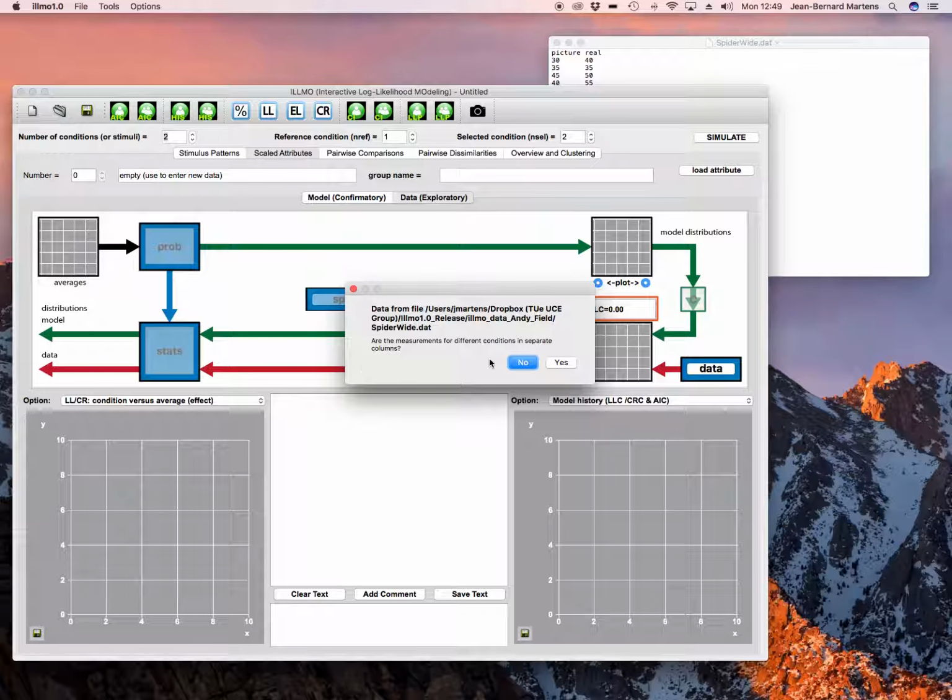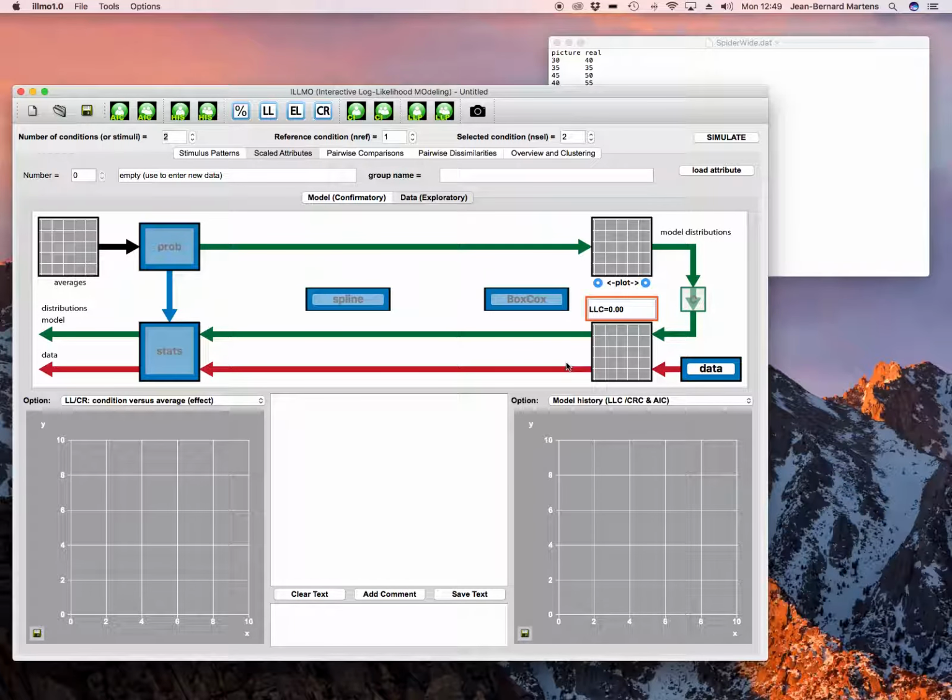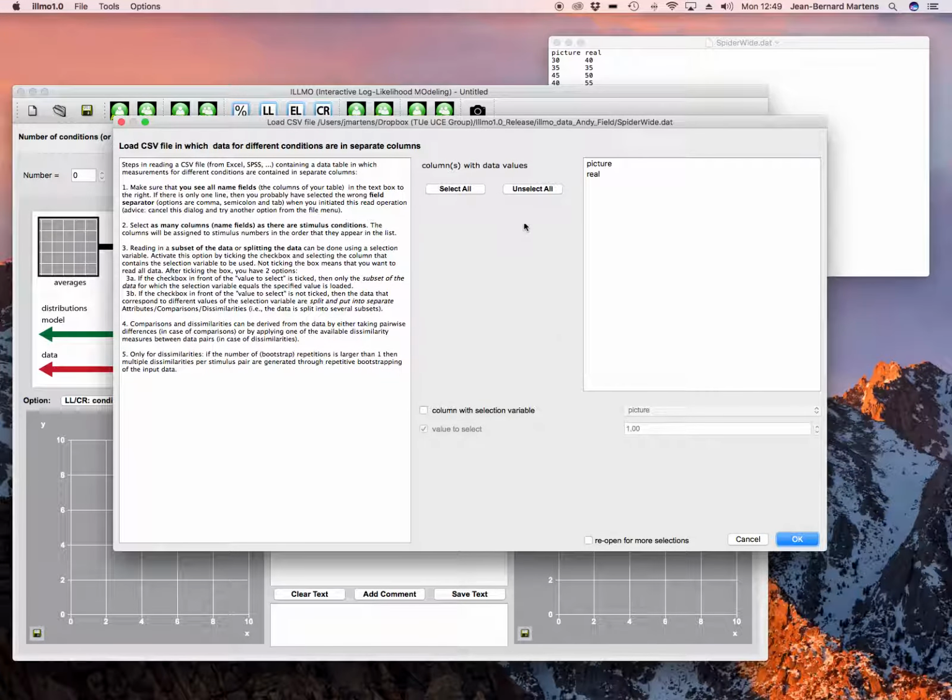So there's two conditions, and the first question is whether the measurements for different conditions are in separate columns, which is indeed the case because there are two conditions, the picture and the real. So we answer yes. So we select all conditions since there are only two. Notice that on the left we get an extensive explanation of how to read CSV files, how to specify the different required inputs.